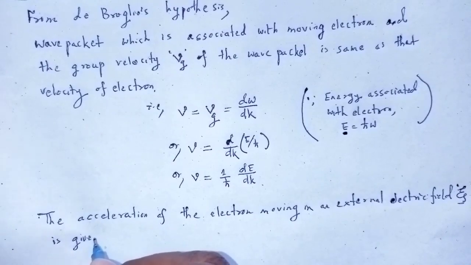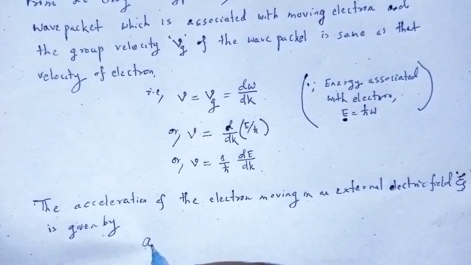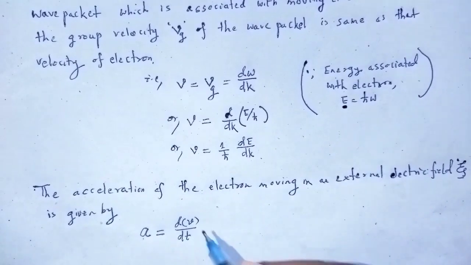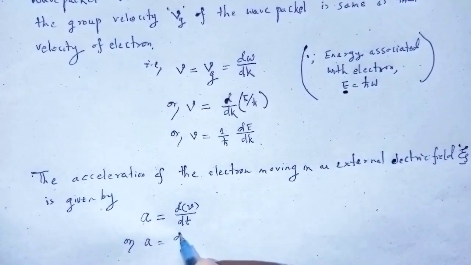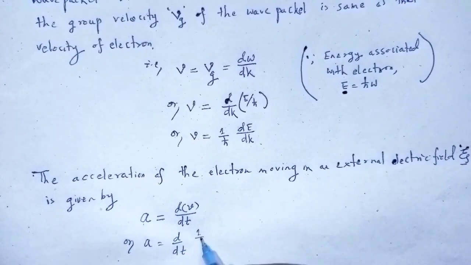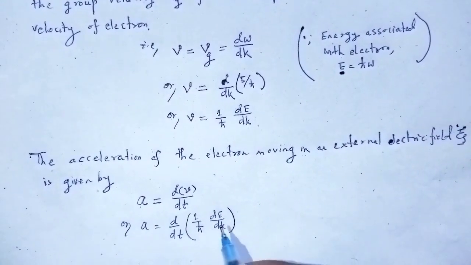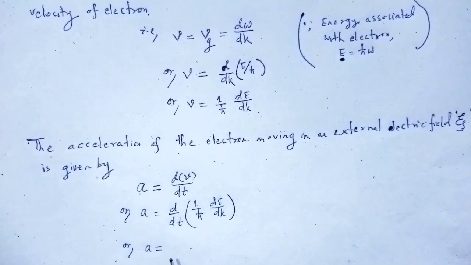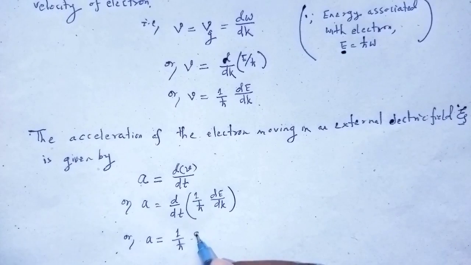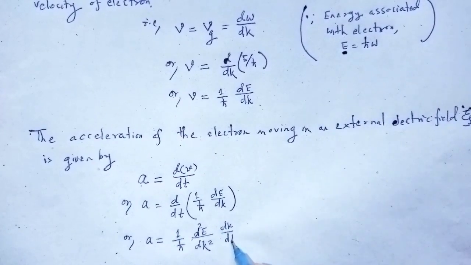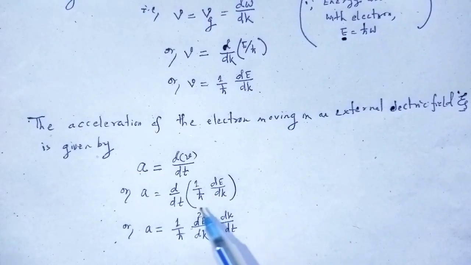Acceleration is the rate of change of velocity dv by dt, or a is equal to d by dt of the velocity term 1 by h cut dE by dk, or a is equal to 1 by h cut d square E by dk square into dk by dt, just differentiating it with respect to dt.